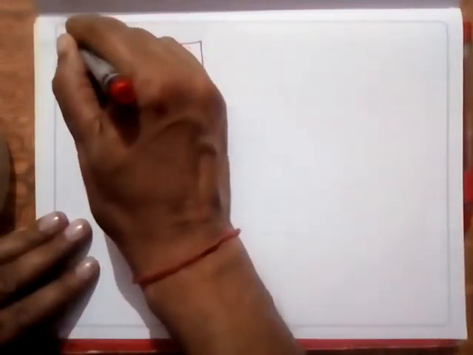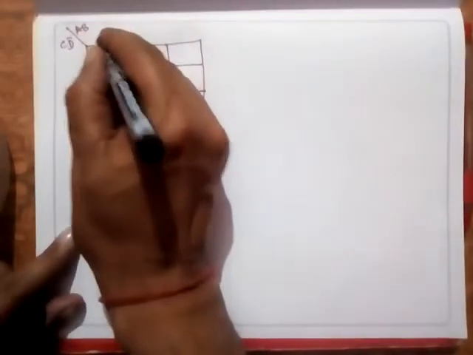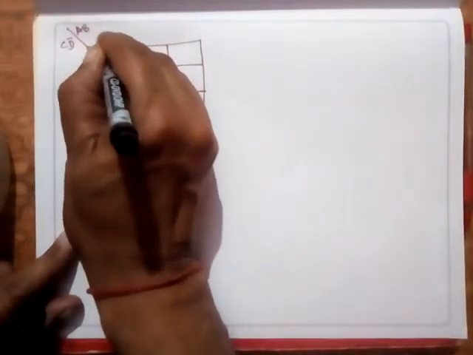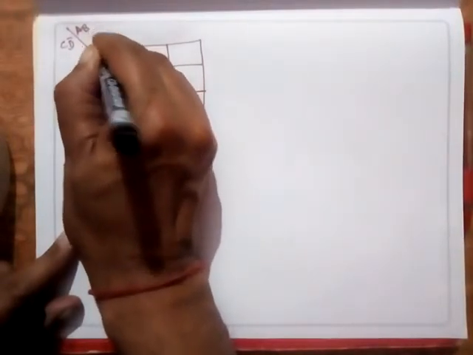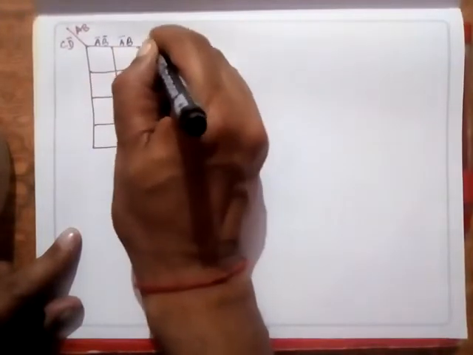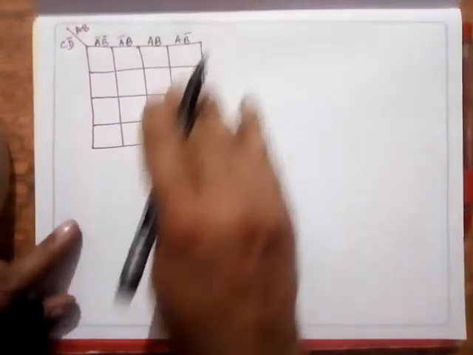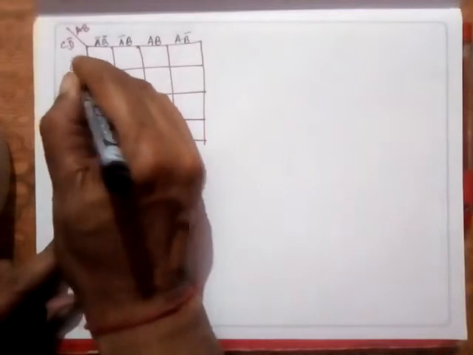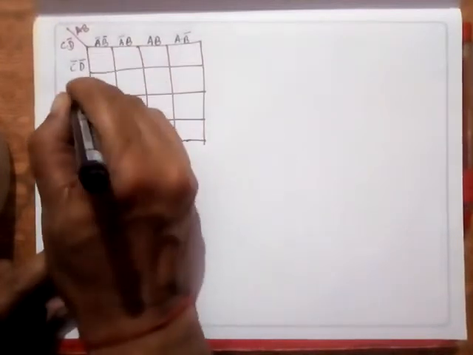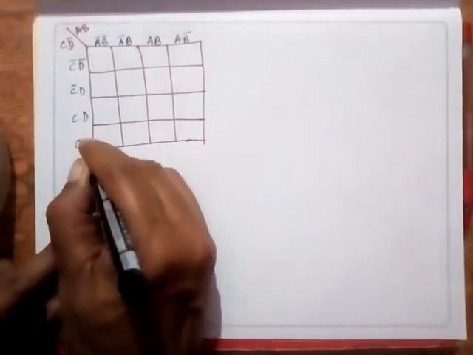On one side, suppose it is AB, and on the other side, suppose it is CD. Now I write this in min term form: A bar B bar, or you can write 0 0, 0 1. A bar B bar, this is A bar B, this is AB, and this is A B bar. Similarly, this is C bar D bar, then C bar D, this is CD, and this is C D bar.